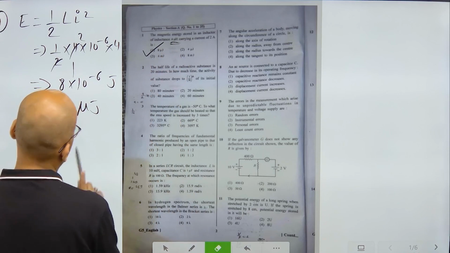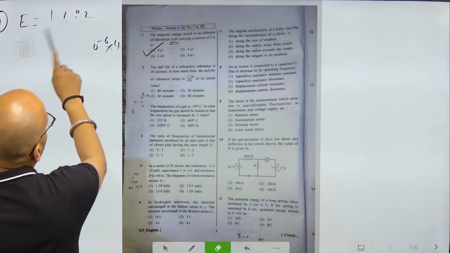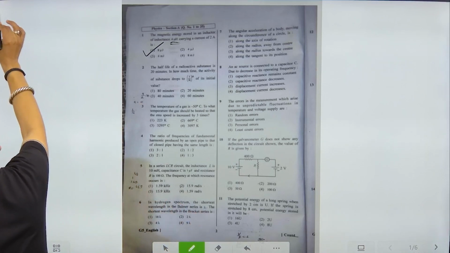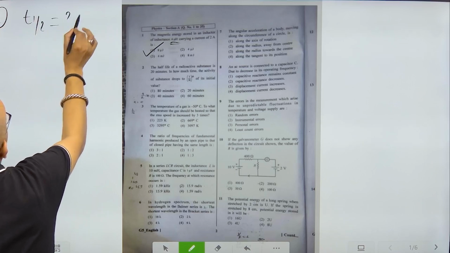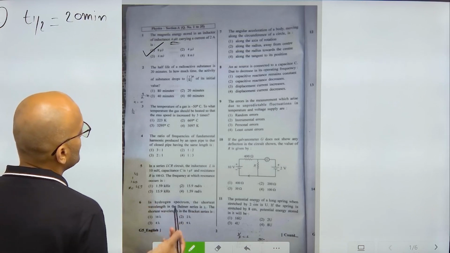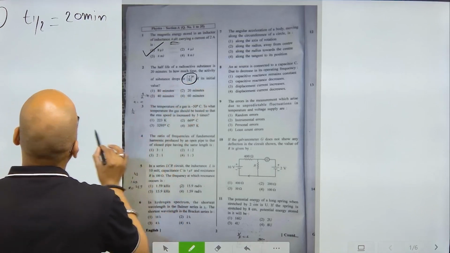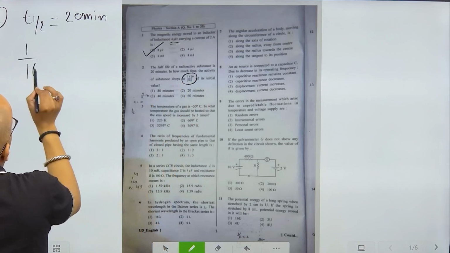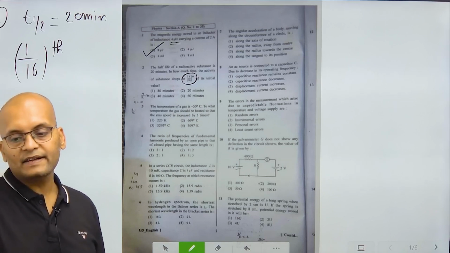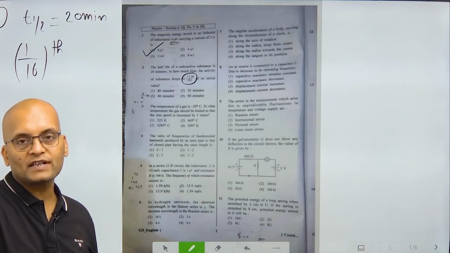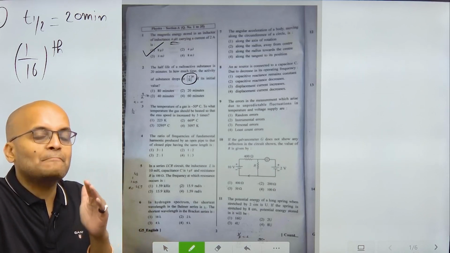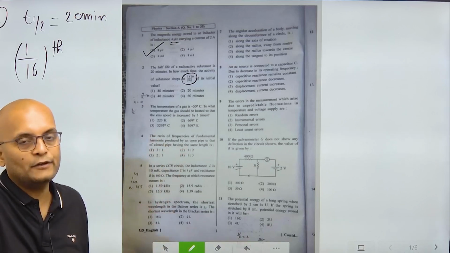My second question is saying that the half-life of a radioactive substance is 20 minutes. So half-life is given to us, 20 minutes. In how much time will the activity of the substance drop to 1/16th? Half-life means that the substance has reduced to half of its value, right?